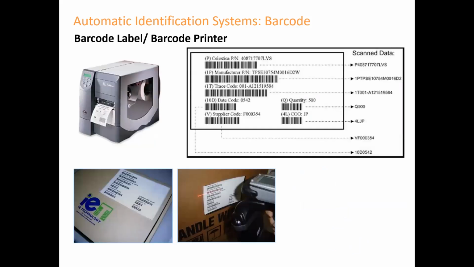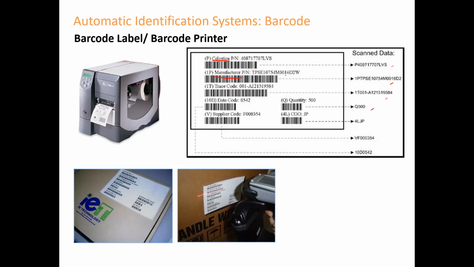And this is just to show how we can apply barcodes in industry. So for example, for one product, this part just represents the company name. This is from the company Celestica, the manufacturer. That means sometimes one company has many plants, right?